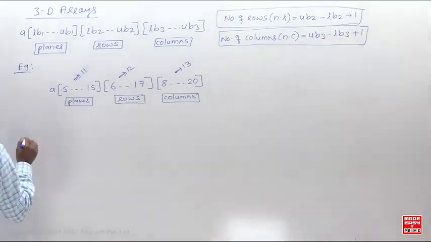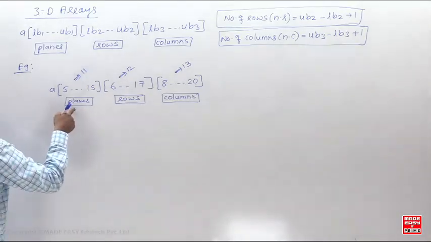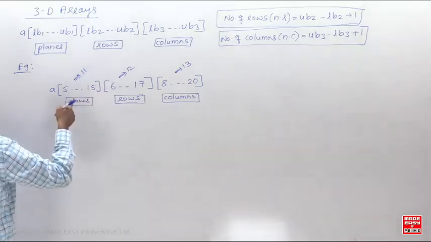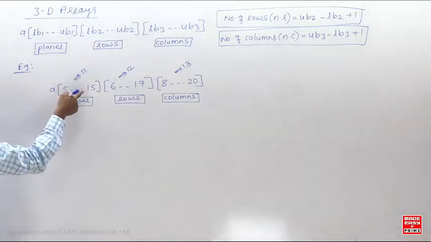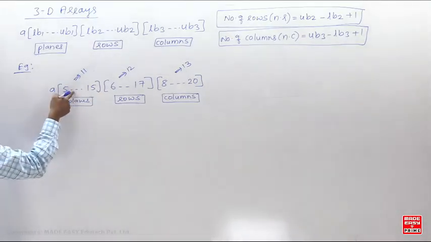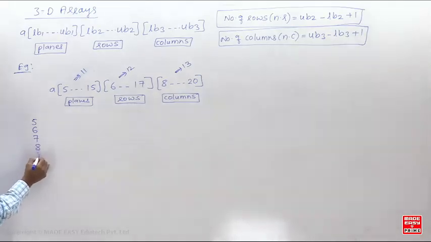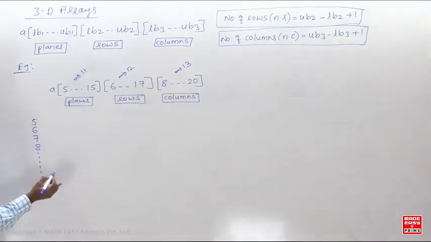Okay, so understand here. How many 2D arrays? 11 2D arrays. Planes means 2D arrays you can take. इसका diagram बनाते, just a rough diagram. So 2D arrays: 5, 6, 7, 8, like this, 5 to 15.